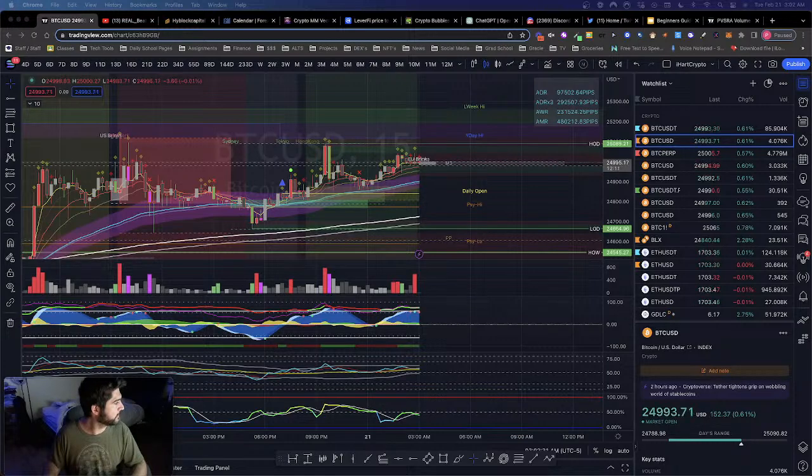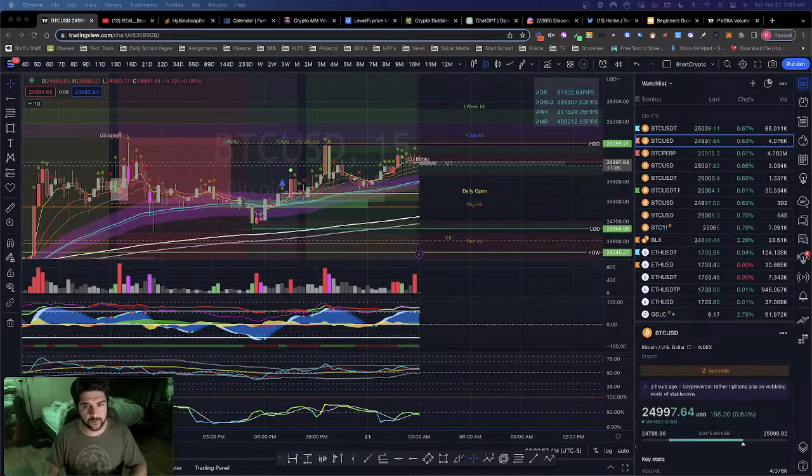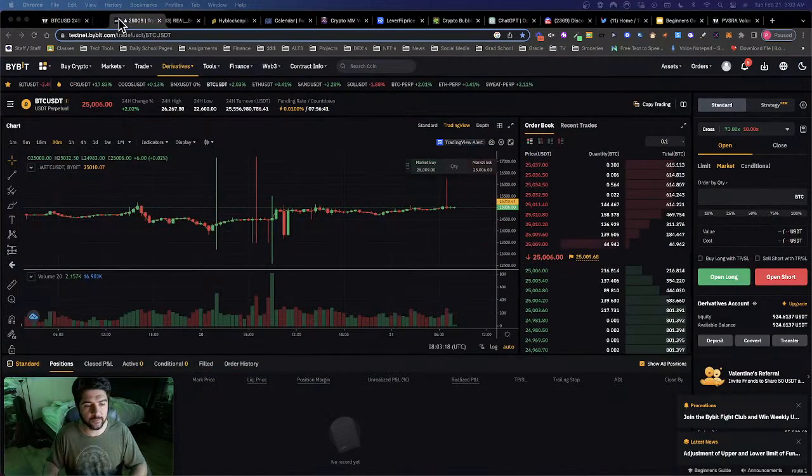Spot, derivatives. I think it's USDT. It says USD, but let's see. Okay, all right, so here you go.